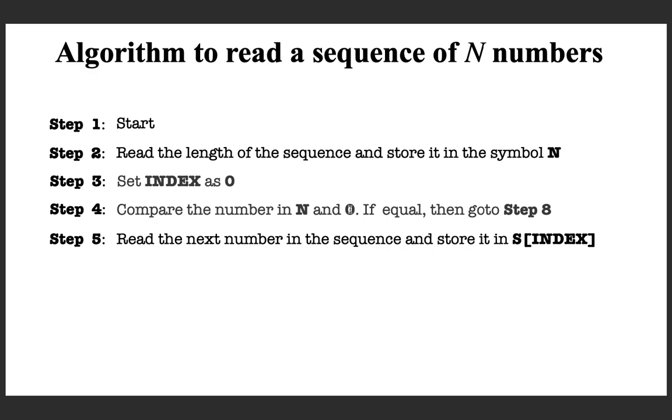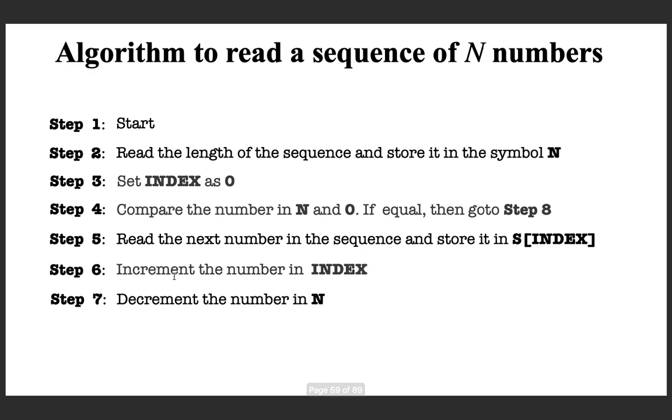That is, you have to read the next number in the sequence and store it in the sequence at index. Now the index is 0. So you read the first number, stored it at index. If you recall, what we did after this was increment and decrement. Increment the index and decrement the remaining number of numbers. After that, you have to go back to step 4 and repeat this.